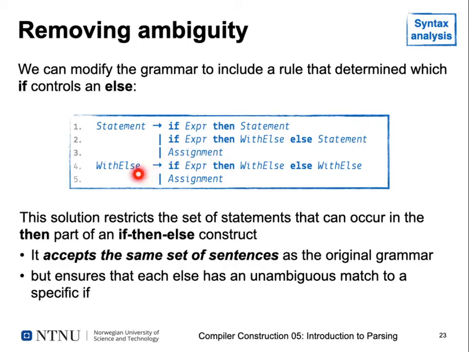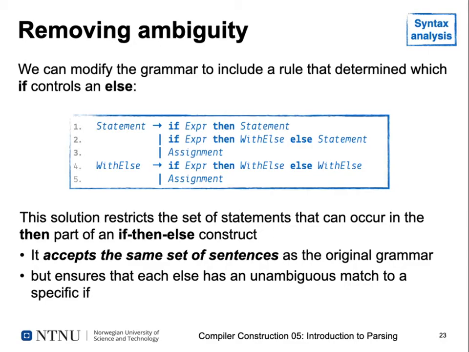And this with else tells us that it can be derived to if expression, then with else, another with else, or an assignment. So this solution restricts the set of statements that can occur in the then part of an if-then-else statement. This accepts the same set of sentences as the original grammar.